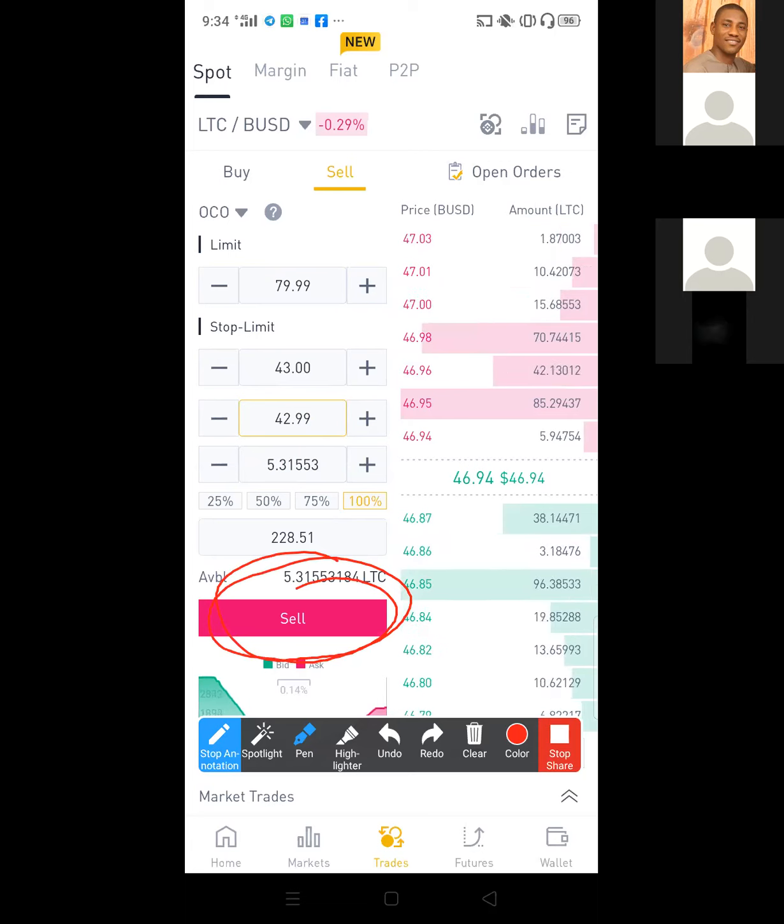The limit will be set. But the moment the price gets to either of them, it will be triggered. Once one is activated, the other one will be cancelled. If it's the profit that is hit, it will cancel the stop loss. If the stop loss is hit, it will cancel the take profit.